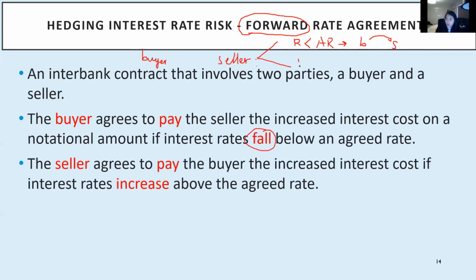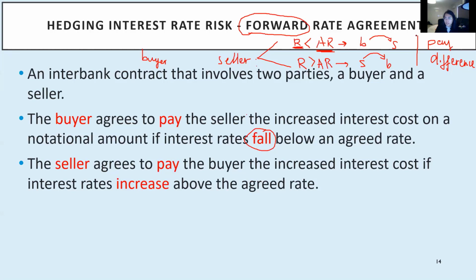Alternatively, when the actual interest rate is greater than my agreed rate, then the seller is going to pay to the buyer, okay? And how much do they transact between each other? They are going to pay the difference between the interest in the market and the interest agreed on the contract, okay?